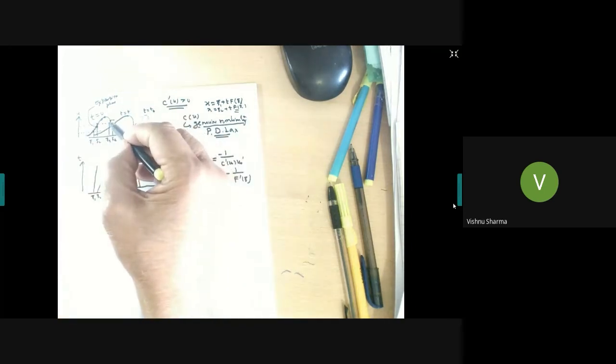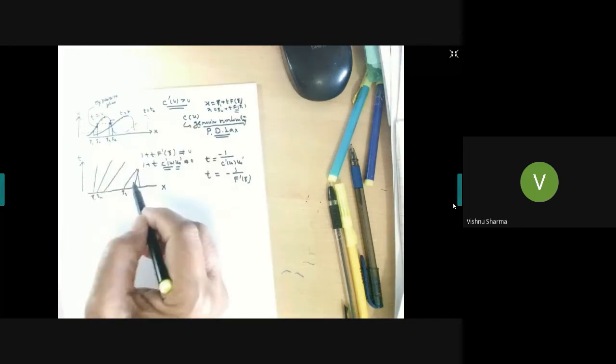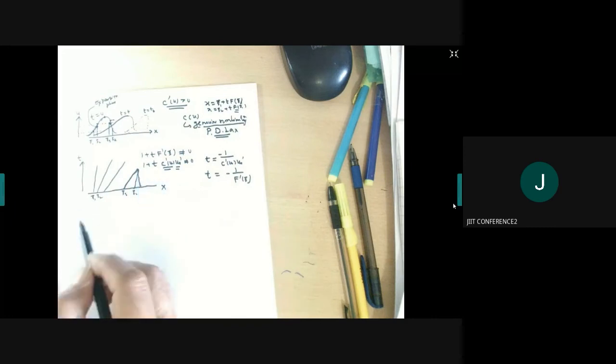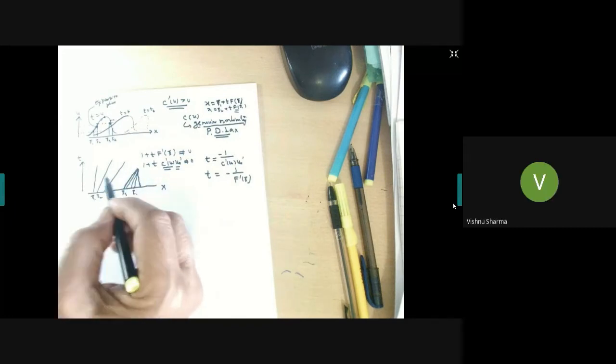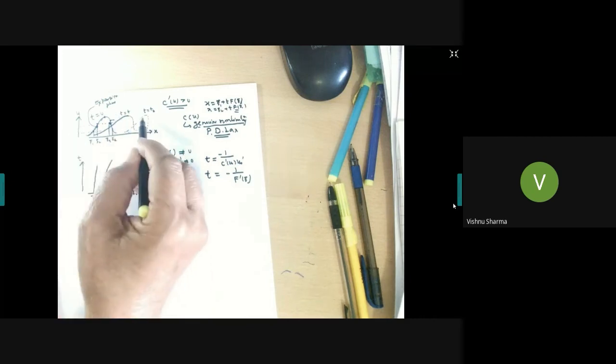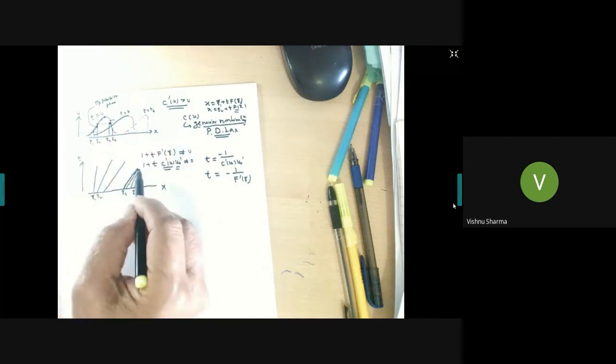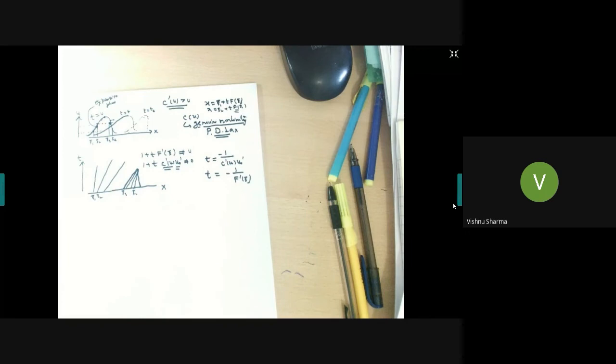This point propagates faster than this, and therefore the slope will be less than the slope of this curve, and therefore they will converge. They intersect actually. And therefore, all the characteristics emanating from here. So as a matter of fact, developing a vertical slope means intersection of characteristics.